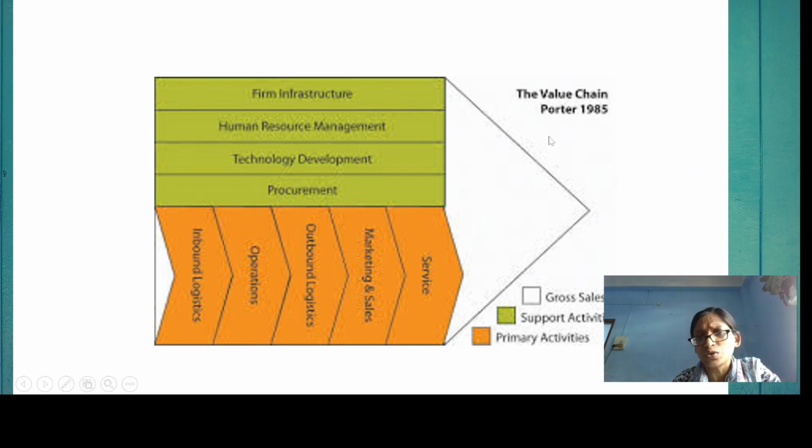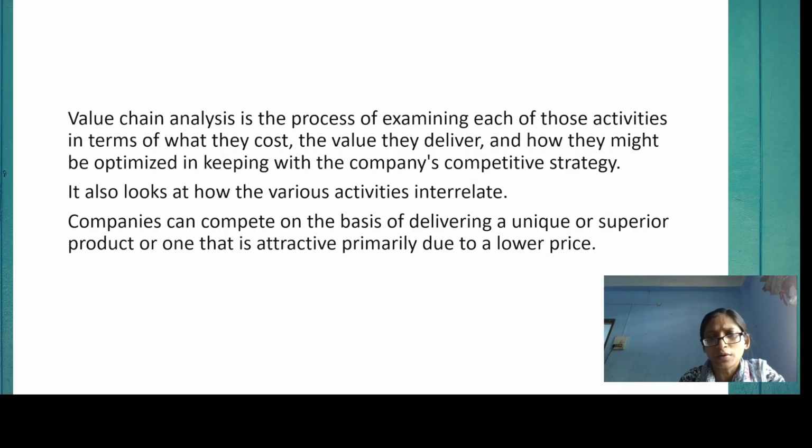So this is a value chain analysis model. These are our basic primary activities in orange color, and these are our supporting or secondary activities, which are very essential to perform these activities. Okay? We'll discuss one by one.